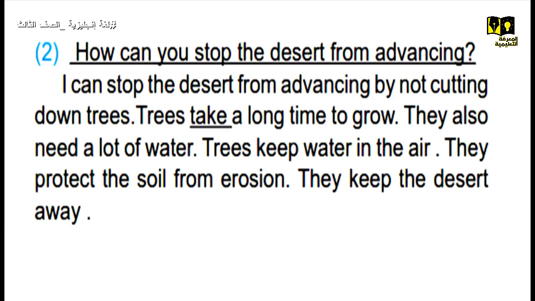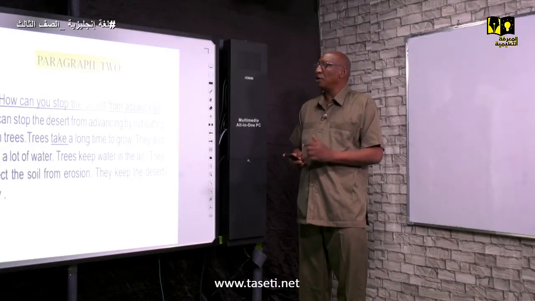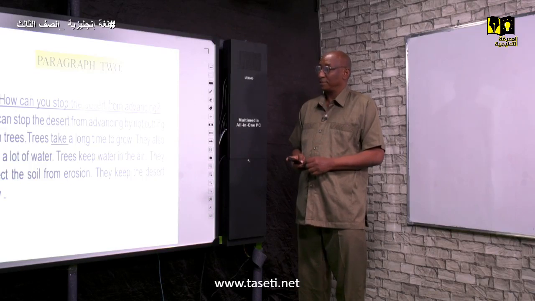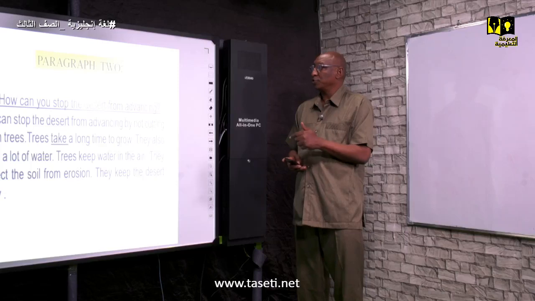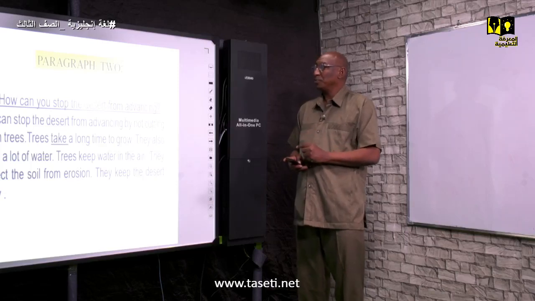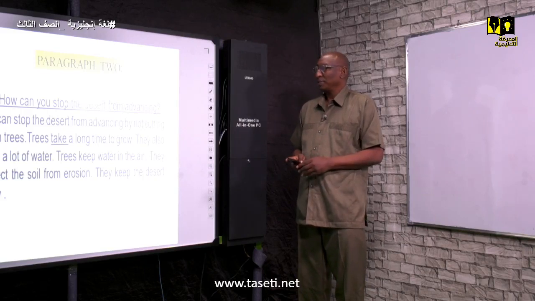Question number 2. How can you stop the desert from advancing? I can stop the desert from advancing by not cutting down trees. The answer for the question, how can you stop the desert from advancing? I can stop the desert from advancing by not cutting down trees.